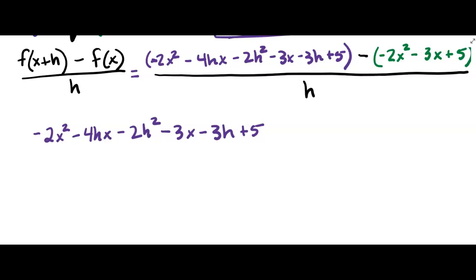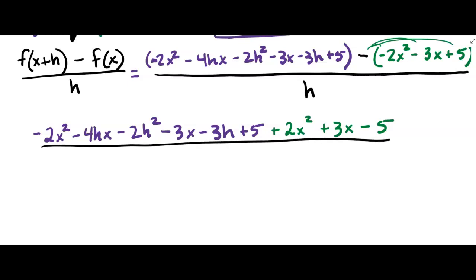Now, when I go to subtract, I'm going to have to distribute the minus sign there. So it's going to become plus 2x squared plus 3x minus 5. And then the whole thing is still over that h. Okay, but now we're getting somewhere.